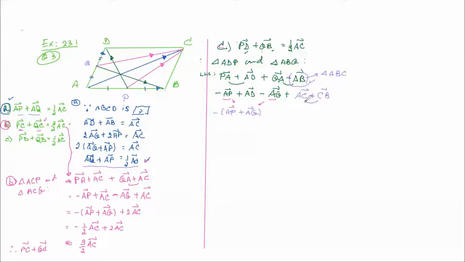Next, AD and AC. This is CB, but we have BC. And AC, we keep it.